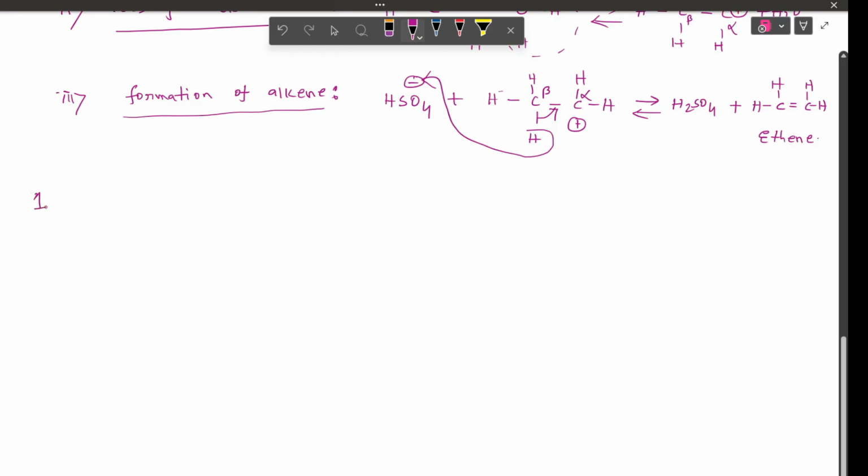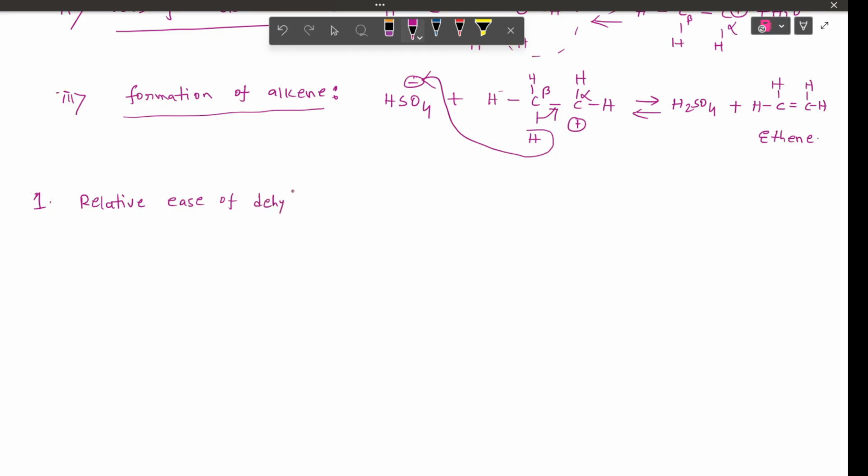So our first evidence is the relative ease of dehydration of alcohols. This is our first evidence.